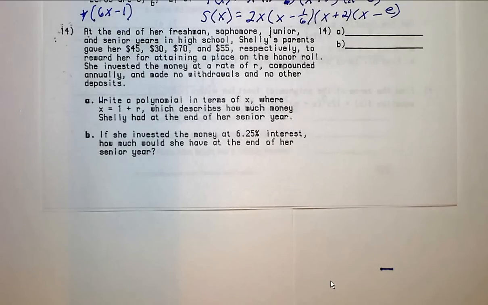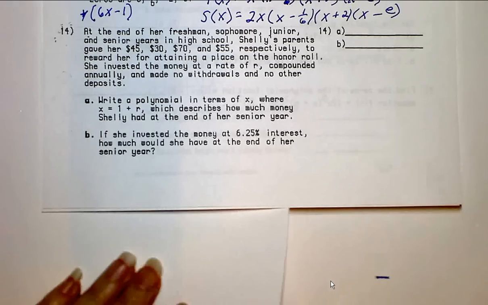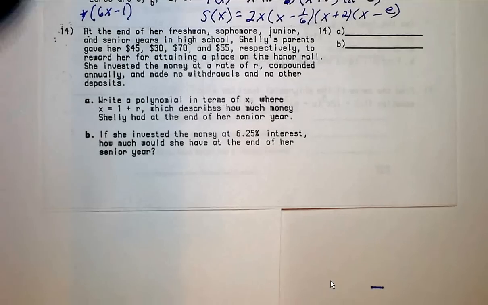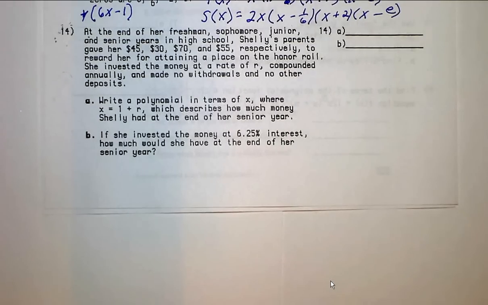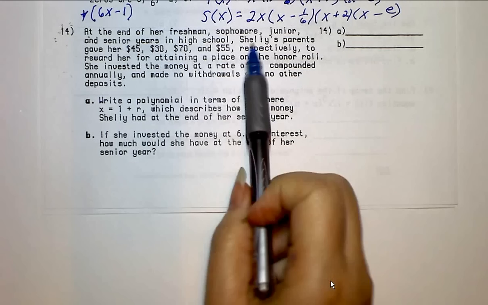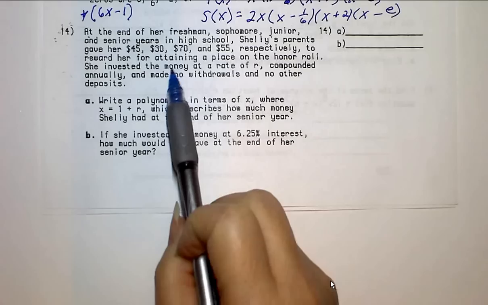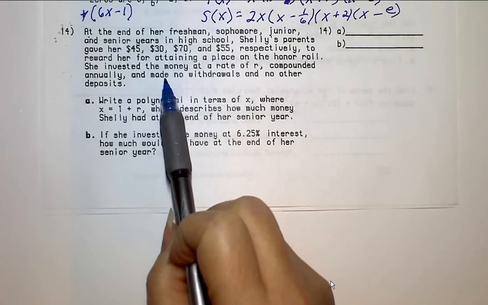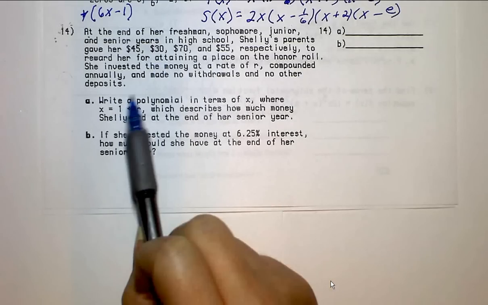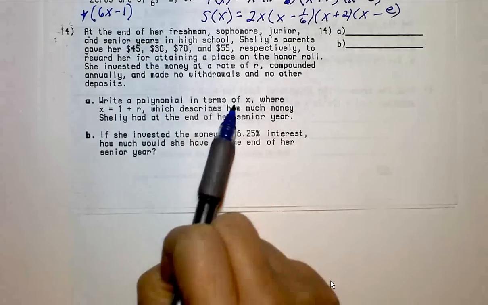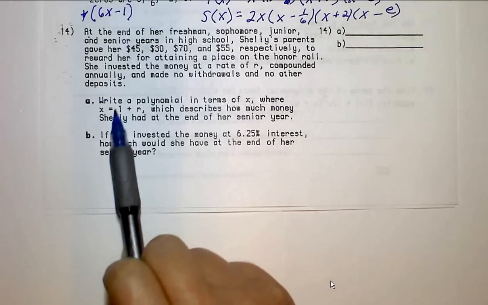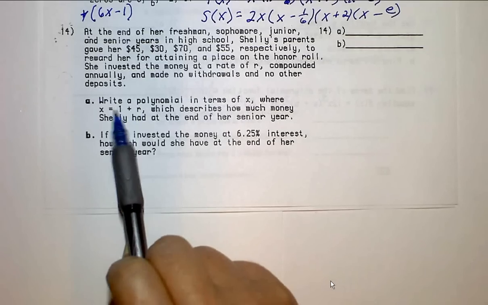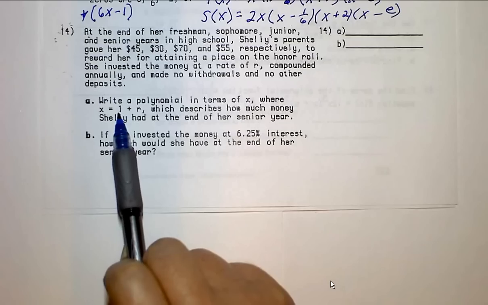Number 14 says that Sally's getting money and she's putting it into a bank, and every year she's putting in money to the bank, and they want you to write a polynomial in terms of x, where x is going to represent 1 plus r, and that is really just her interest, because remember, your interest rate is 1.06 or whatever, so that's your interest rate.